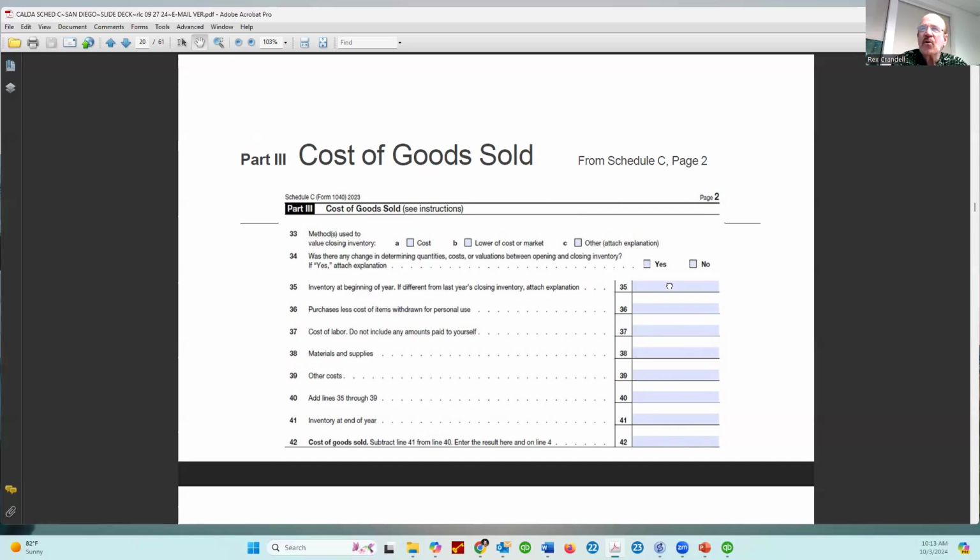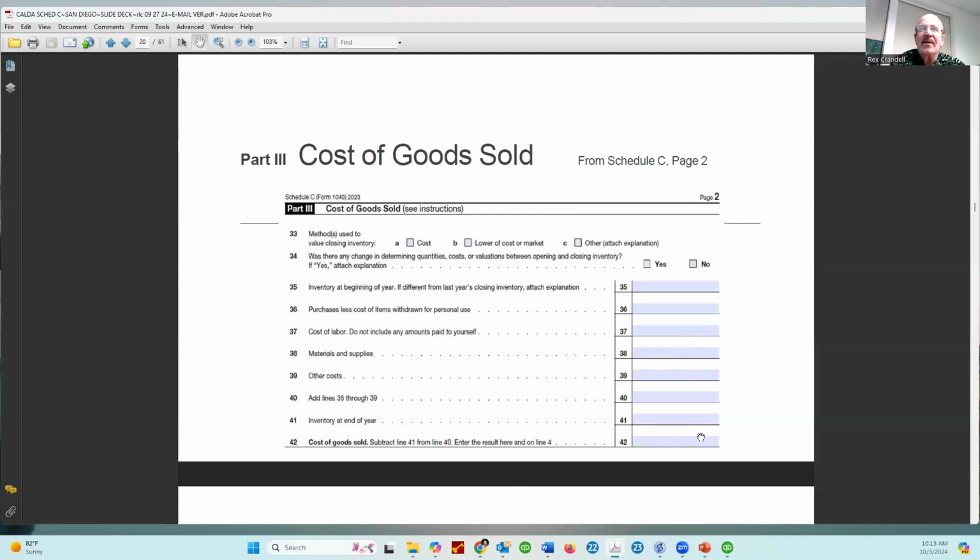You take the inventory at cost at the beginning of the year, plus your purchases at cost, plus any labor that went into manufacturing, and materials that maybe went into building a product. And then you subtract your ending inventory and you come up with the cost of goods sold. In accounting school it's almost like a little jingle: beginning inventory plus purchases less ending inventory is your cost of goods sold.